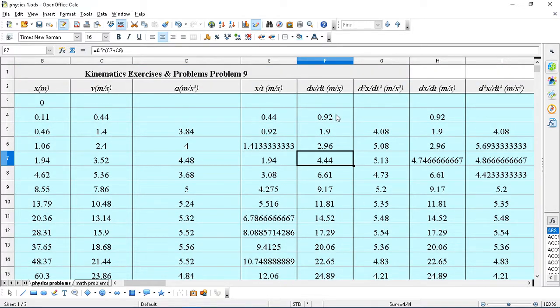For the case of the velocity, the velocities here are a bit different from this calculation, but not that much.